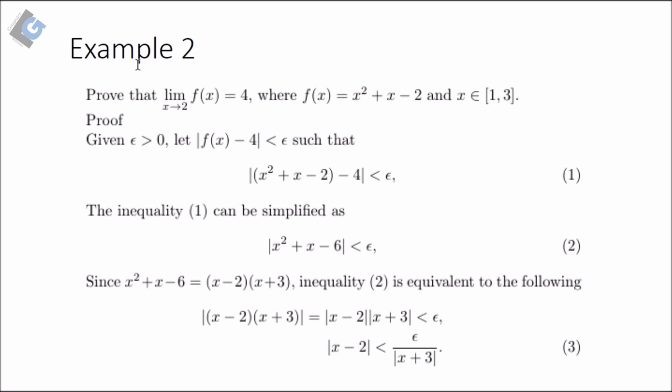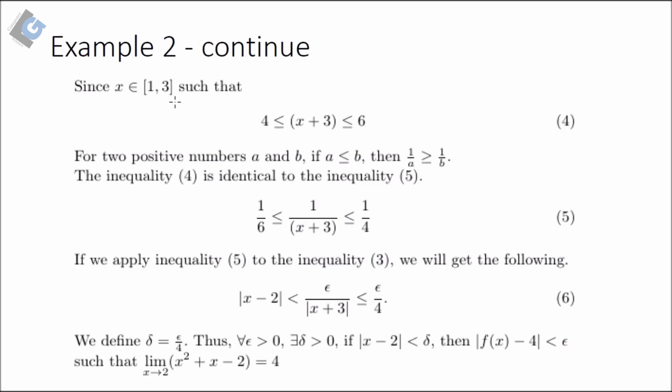So we want a constant, not a variable. So we need to get rid of the x on the right-hand side. Here we apply the given condition, x is in the interval 1 to 3, such that x plus 3 is bigger than or equal to 4 and less than or equal to 6.